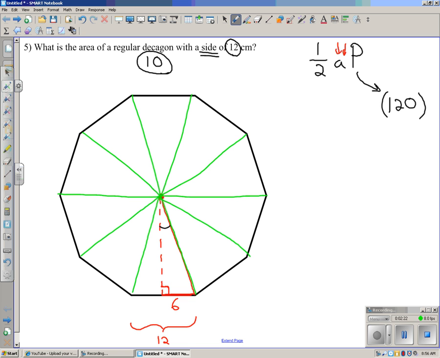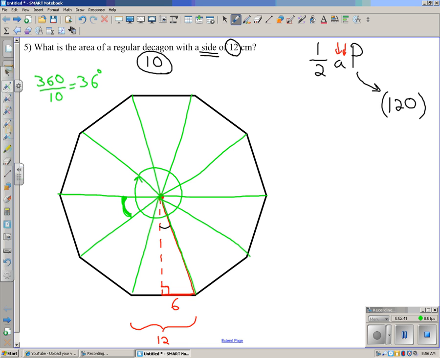So remember, here's what we did. We said the angle around all of these central angles would be 360. That's always going to be that way. Since it's a decagon, there are 10 of those angles, so we divide by 10. That gives us 36 degrees. That tells us what one of these entire central angles is.